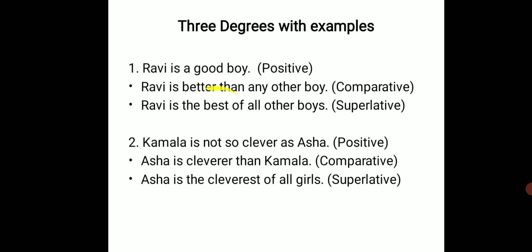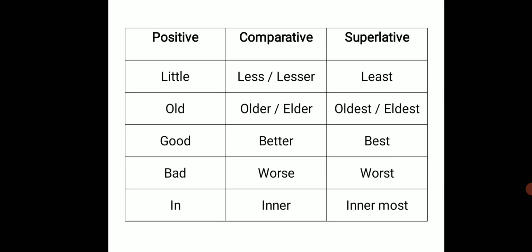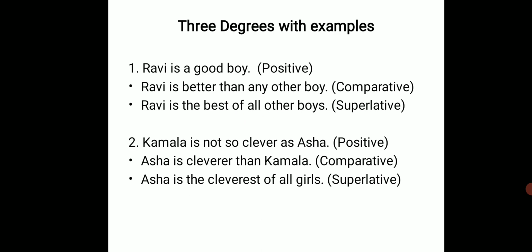Good, better than, the best. Where do we place this person as the best? Ravi is the best of all. Of all would also be fine, or even if you continue, of all other boys is also fine. Right? I hope it makes some sense to you.